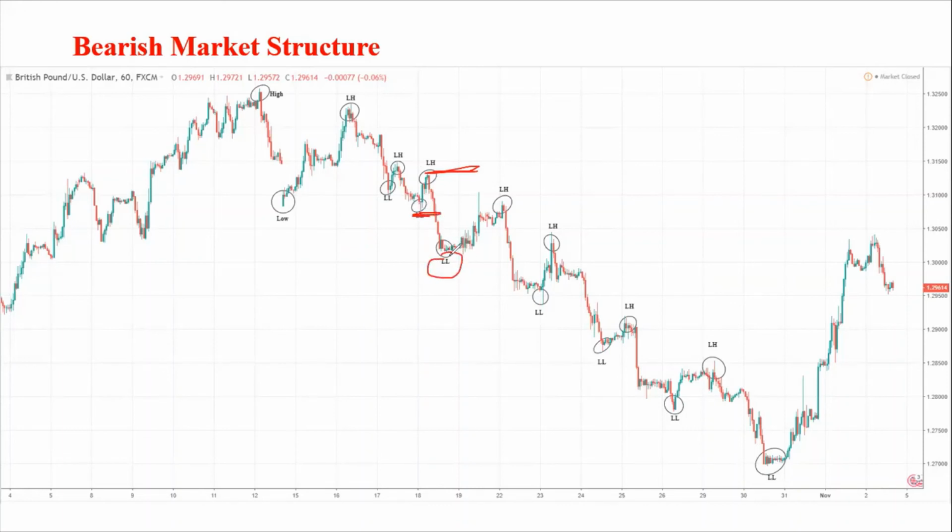Then for the lower high, the market has to respect the previous lower high. So this is our lower high. Then the market came down, breaking this low, creating another new lower low. And the market did not go above this previous lower high, and that is why we have this lower high. The series continues like that.